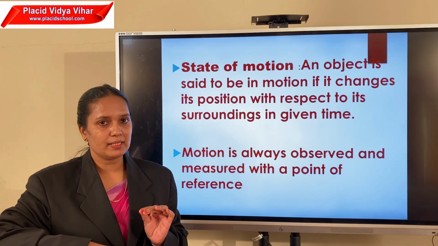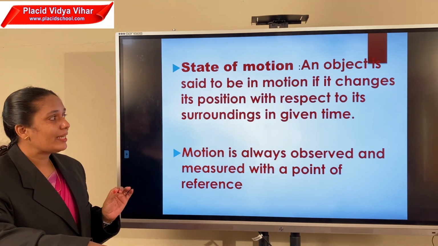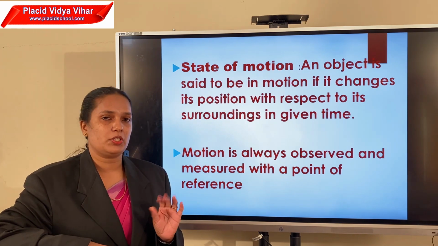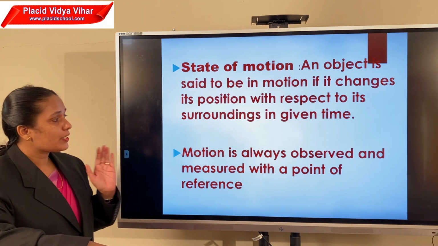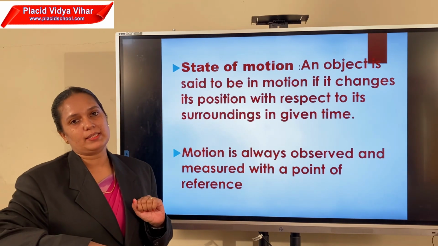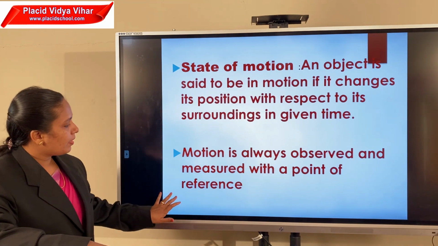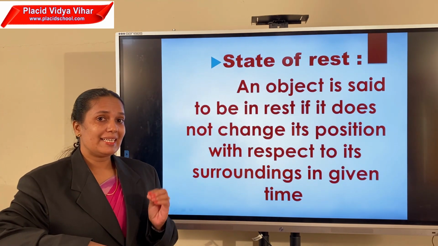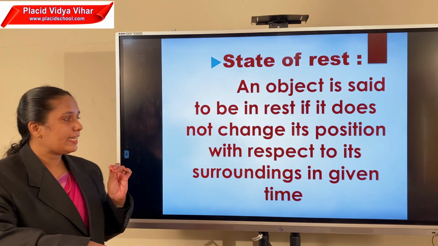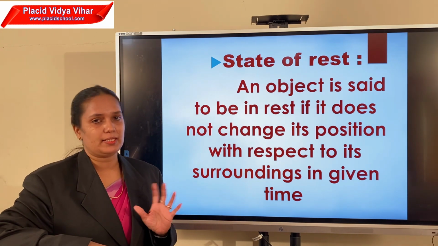If an object changes its position with respect to its surroundings in given time, then it is said to be in state of motion. Motion is always observed and measured with a point of reference. Then what do you mean by state of rest? If an object does not change its position with respect to its surroundings in given time, then it is said to be in state of rest.